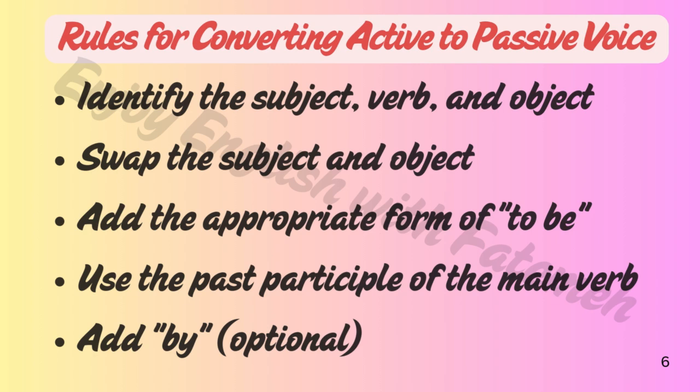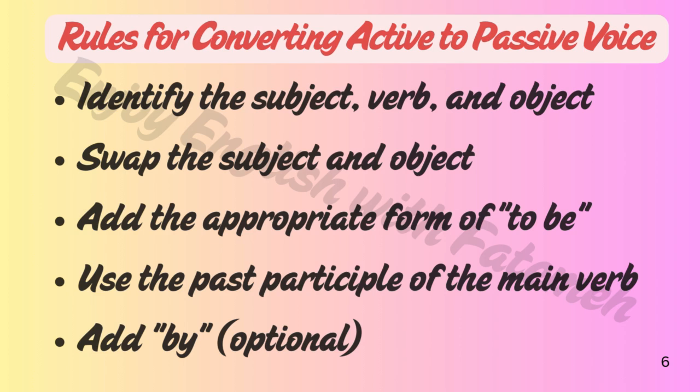How about rules? Rules for converting active to passive voice. There are a few steps. Number one, identify the subject, verb, and object in the active sentence. Then, swap the subject and object.